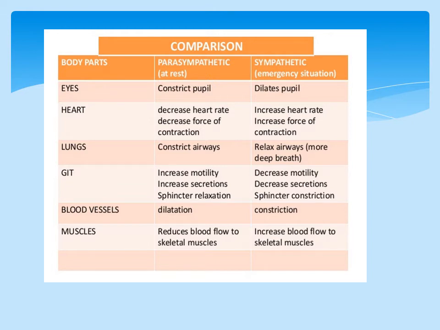In the lungs, sympathetic causes bronchodilation, but parasympathetic causes bronchoconstriction. In the GIT, sympathetic decreases motility and secretion, and parasympathetic increases motility and secretions. In blood vessels, sympathetic causes vasoconstriction, but parasympathetic causes vasodilation.